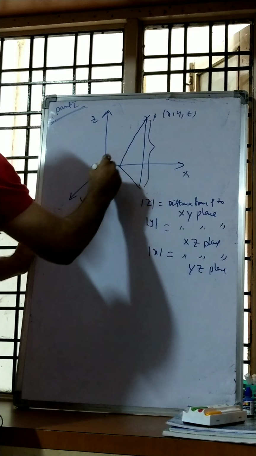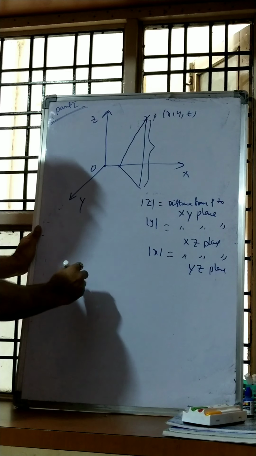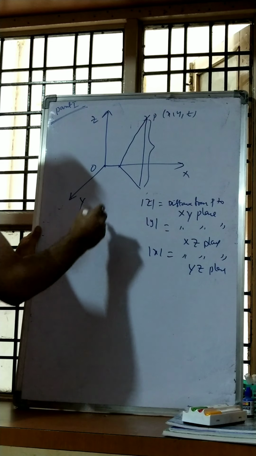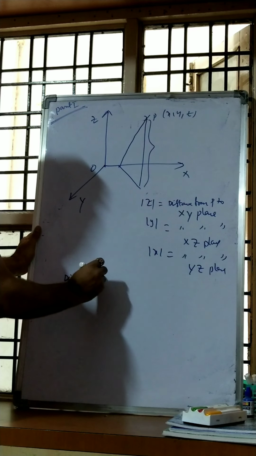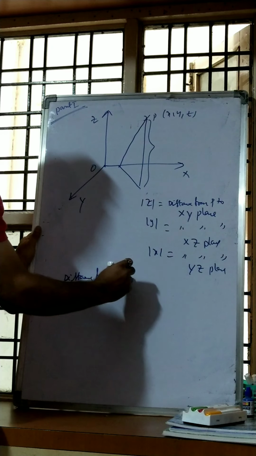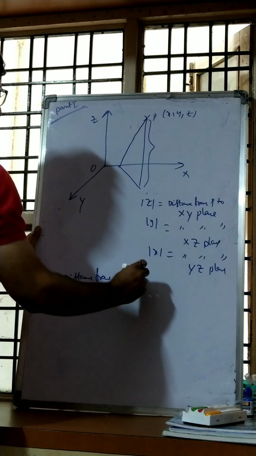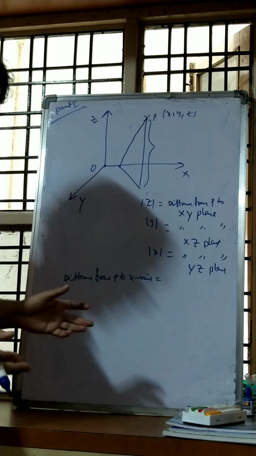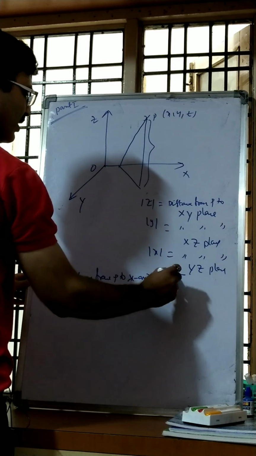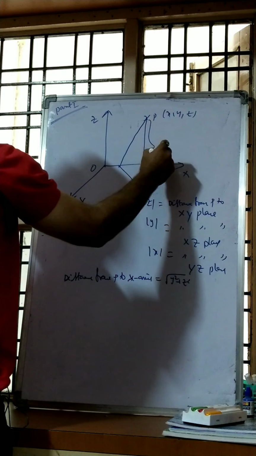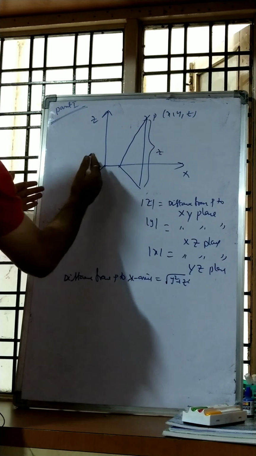Now if I say distance, people may ask what the distance is. Distance from P to the x-axis, as we are habituated from coordinate geometry, is square root of y square plus z square, because you measure in this way.